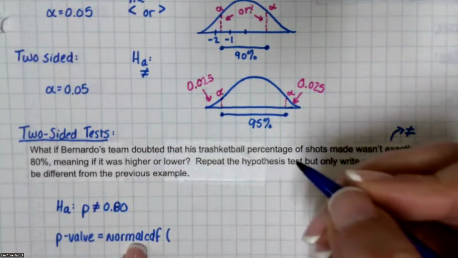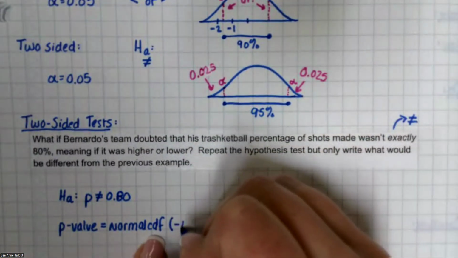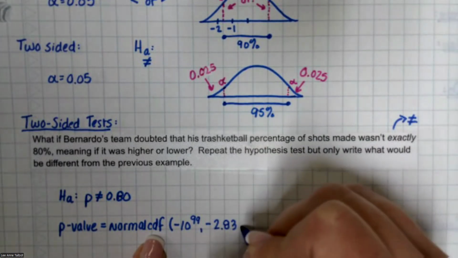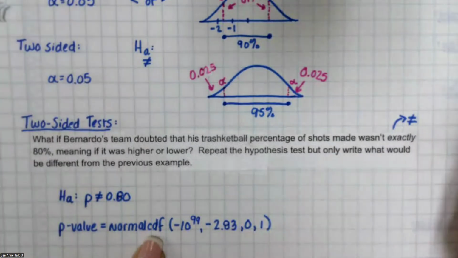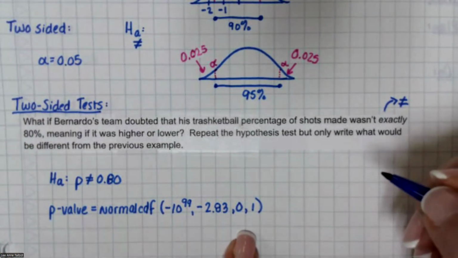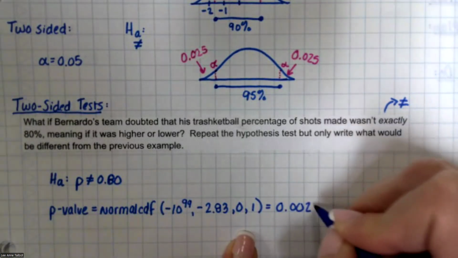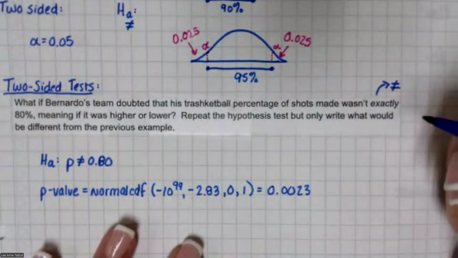So it's still normal CDF, still negative infinity to negative 2.8301. And in the calculator, you would still get 0.0023. None of your calculator stuff would change.